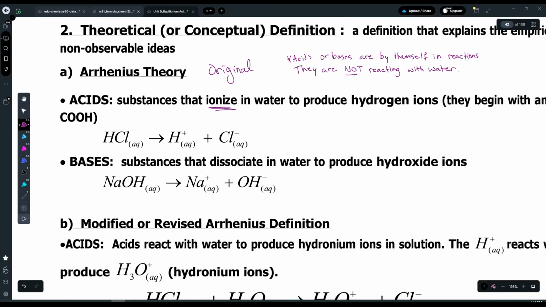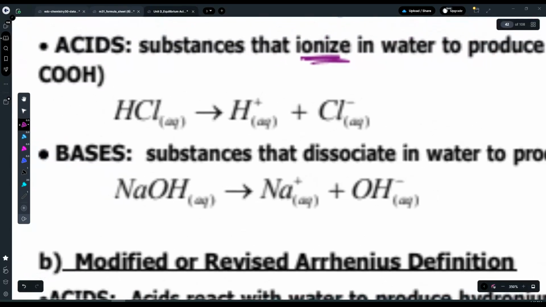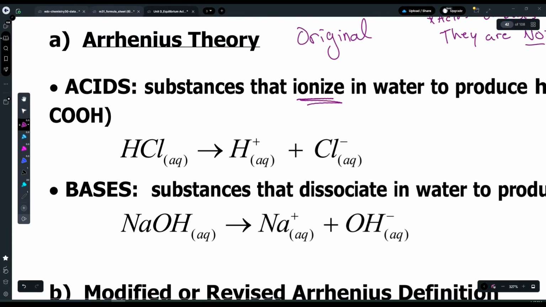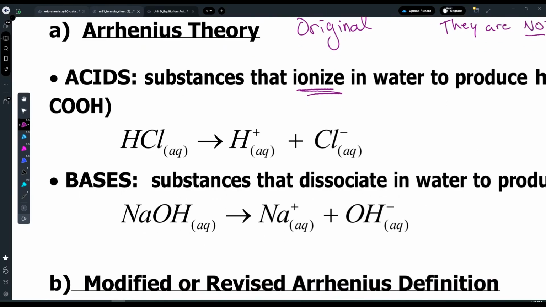Whereas for bases, they are substances that dissociate in water to produce hydroxide ions. Bases, typically, not always, are ionic substances for Arrhenius theory. And dissociate is a word that's specific for ionic compounds. It just means that it breaks up into its cations and anions.